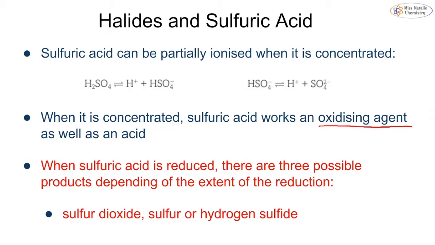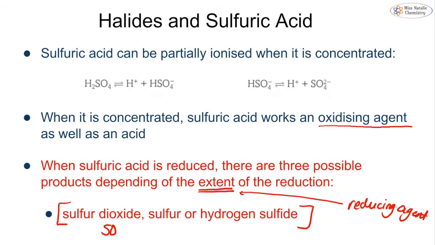And when sulfuric acid is reduced, there are 3 possible products, and it all depends on the extent of the reaction. So this just means it really depends on what reducing agent is being used and how much it is being reduced. And the 3 products are sulfur dioxide, or SO2, sulfur, or hydrogen sulfide, which is H2S.